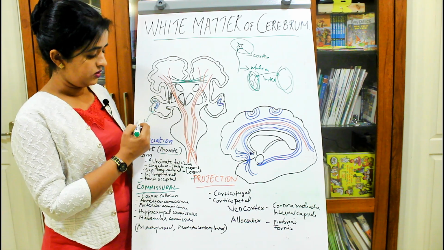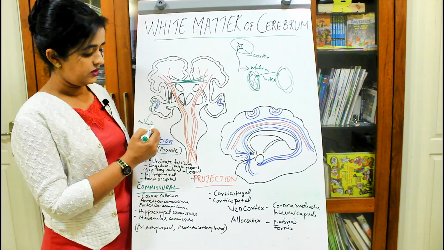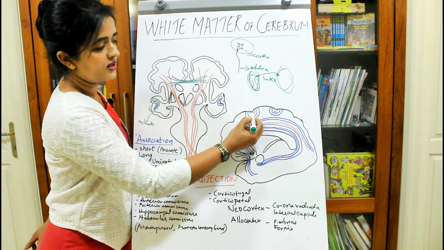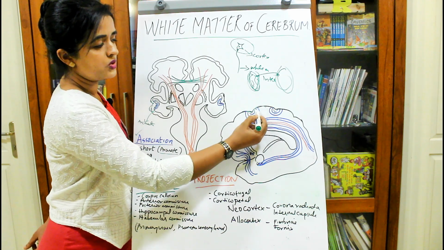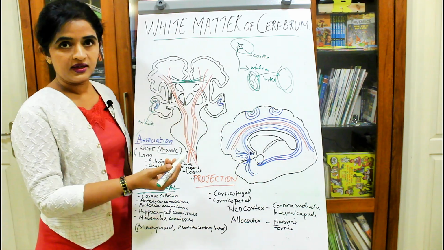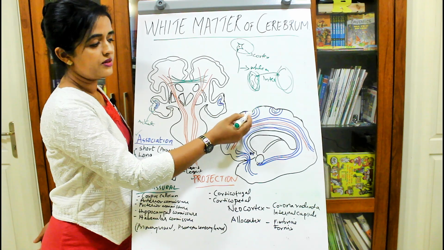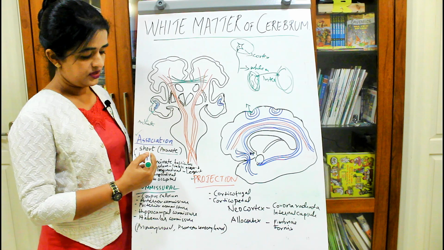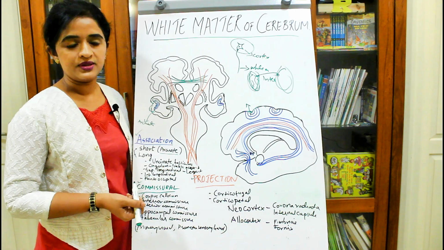This is actually known as the arcuate fasciculus or arcuate bundle. Here you can see it more clearly. These two adjacent gyri are connected along the sulcus, and this bundle of short fibers are known as arcuate fibers.